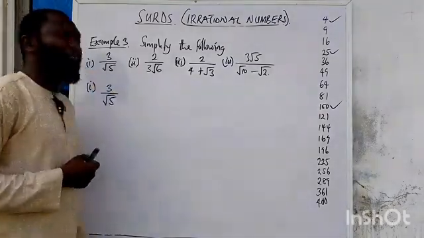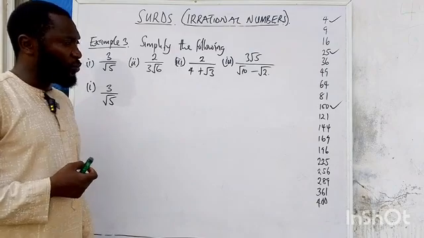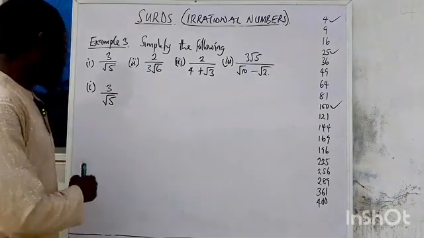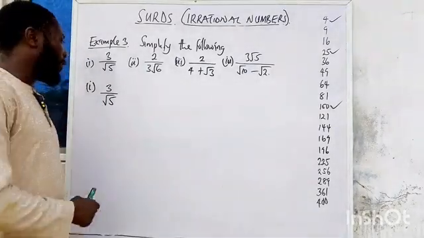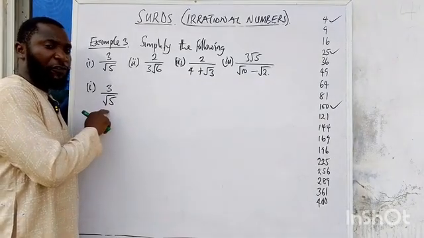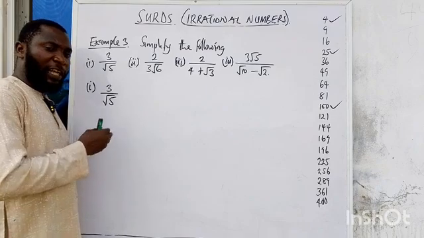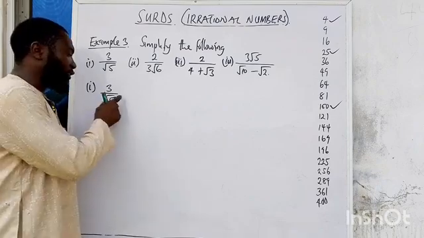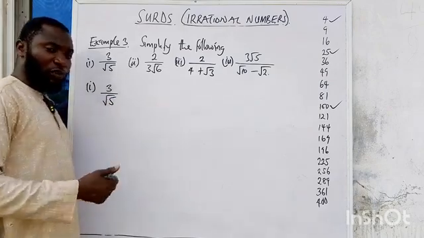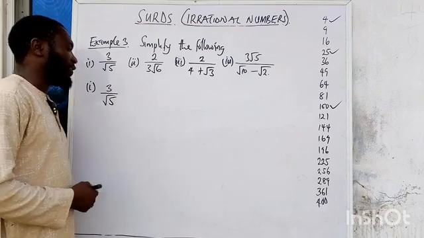Once the question is given, you have to choose the best way to solve it. Here we have a fraction. The reason why we are rationalizing is because the denominator is a surd. You can see this is already in reduced form. You cannot reduce this further. So what should come to mind is rationalize.